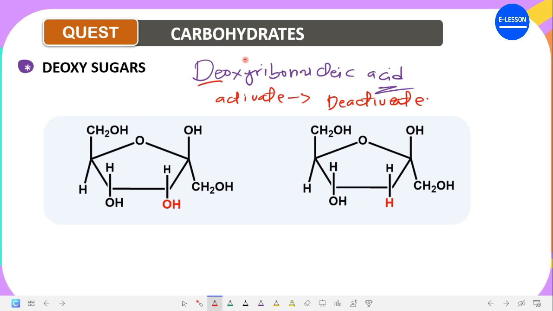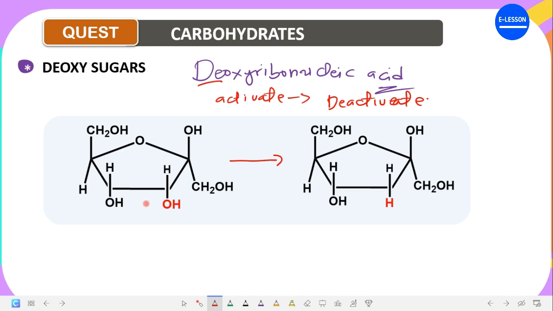The main word here is oxy. You are removing oxygen. Deactivate, removing activation. Deoxy, removing oxy. Oxy means oxygen. So when you remove the OH, especially from number 2, you call it a deoxy sugar. Are you getting it now?